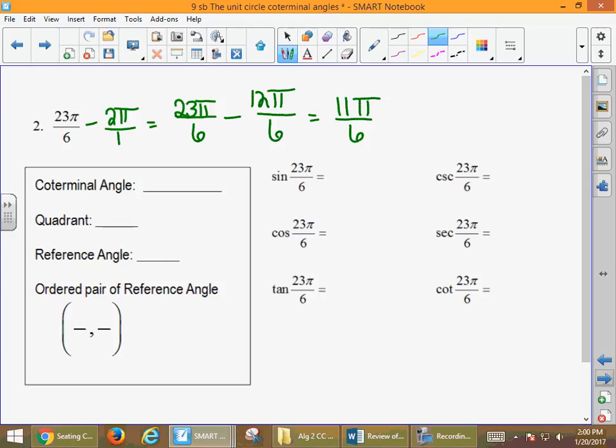Is 11 pi over 6 on our unit circle? Yes. That is our coterminal angle. What quadrant is 11 pi over 6 in? The fourth quadrant. What's our reference angle?